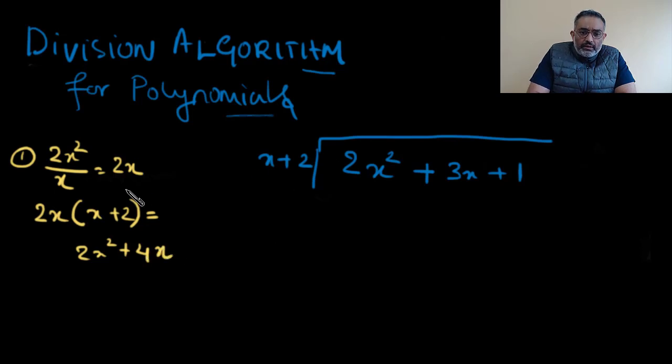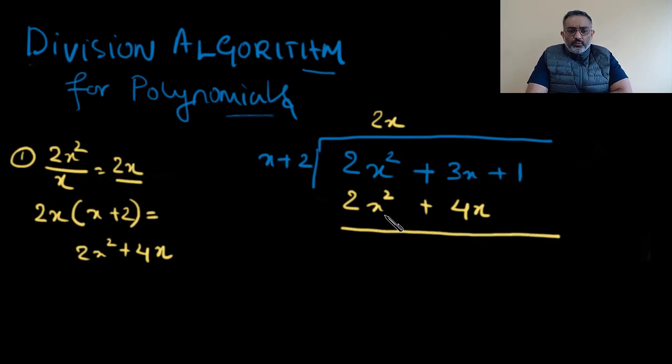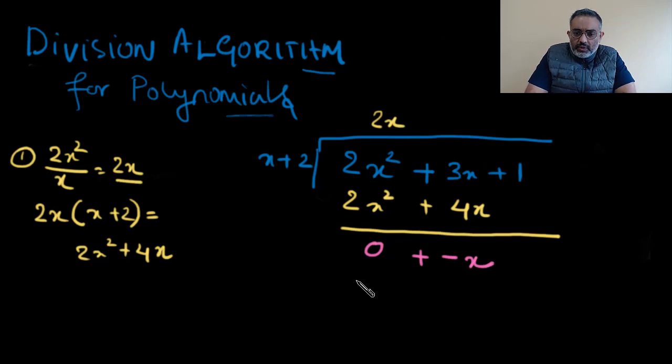All right, so this 2x comes here, and we do this 2x squared plus 4x right here. These multiplied comes here, very similar to how we do it in the numerical model. Now let me change the color again. Now if you subtract, you're going to get 0 here, and when we subtract this, you're going to get negative x.